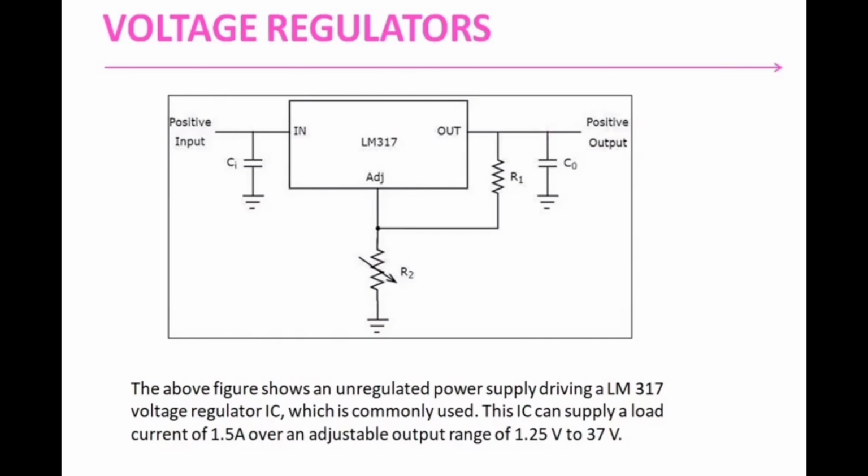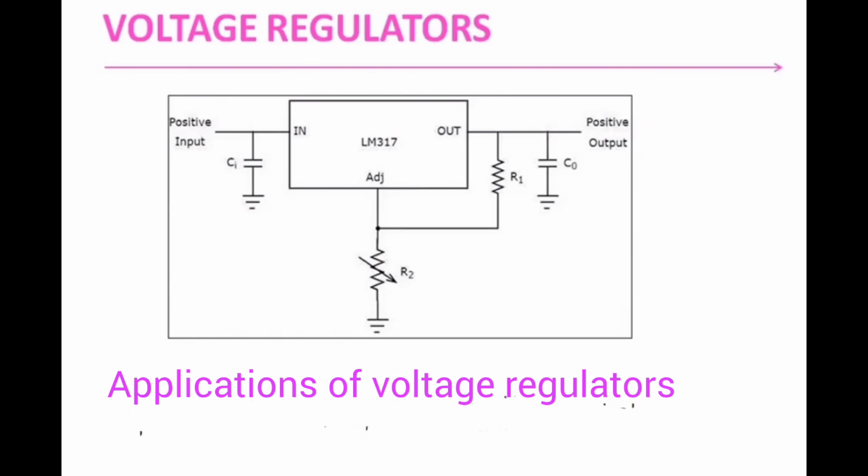So the applications of voltage regulators: it is to provide a constant DC voltage to various components in the complex electronic circuits. For example, 7805 produces constant 5 volts supply to the digital circuits.